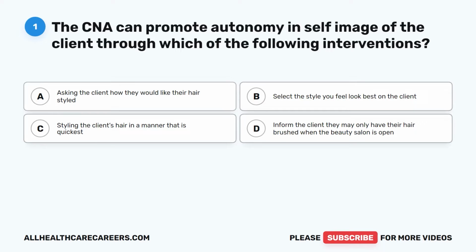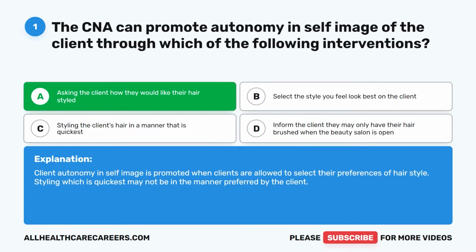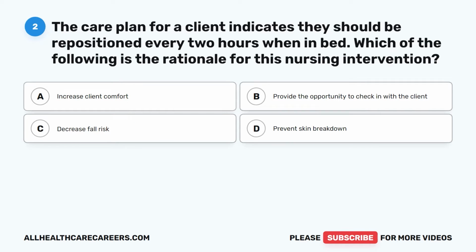D. Inform the client they may only have their hair brushed when the beauty salon is open. The correct answer is A. Asking the client how they would like their hair styled. Client autonomy in self-image is promoted when clients are allowed to select their preferences of hairstyle. Styling which is quickest may not be in the manner preferred by the client.